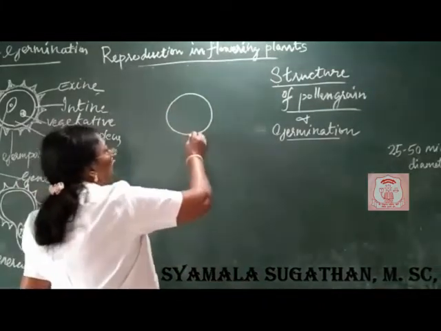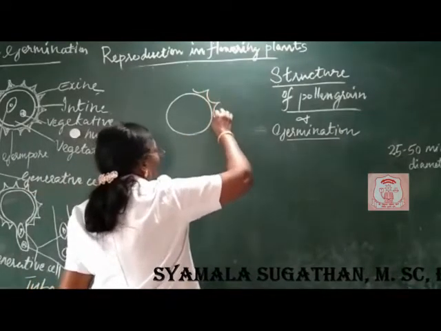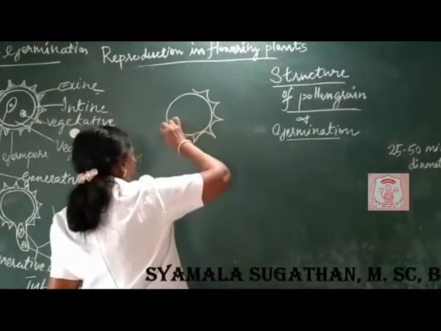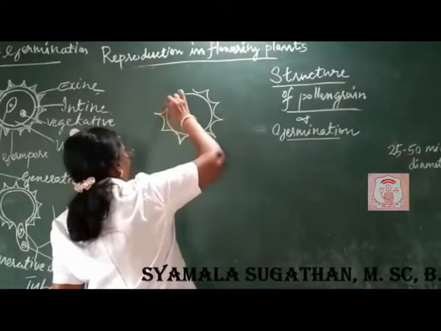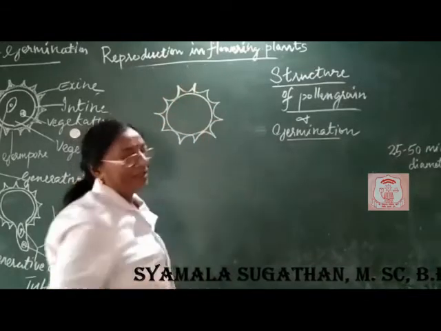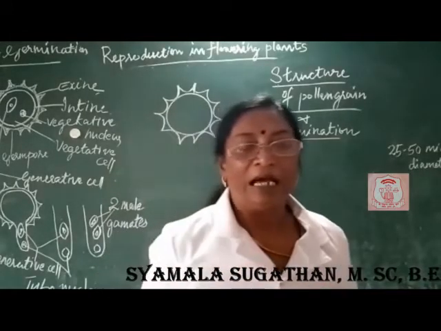The outer wall is called the exine, having a number of projections either in the form of hoops or in the form of spines. That is, it shows attractive architecture.